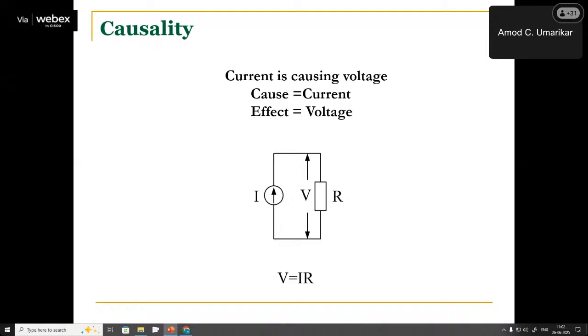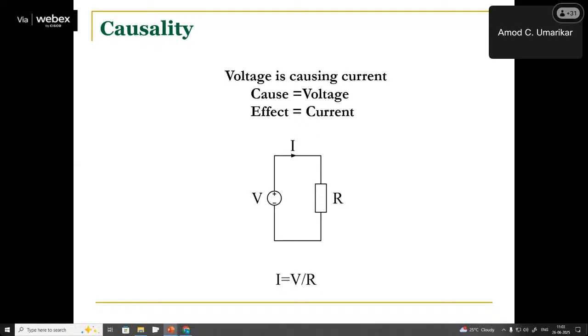The purpose of causality is to obtain proper equations. If you remember, when you solve a circuit, sometimes you take voltage, sometimes you take current on the left hand side, right hand side.